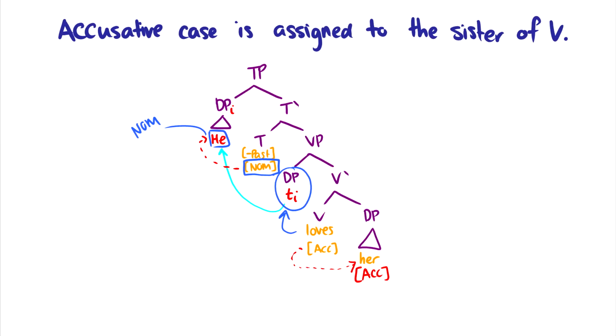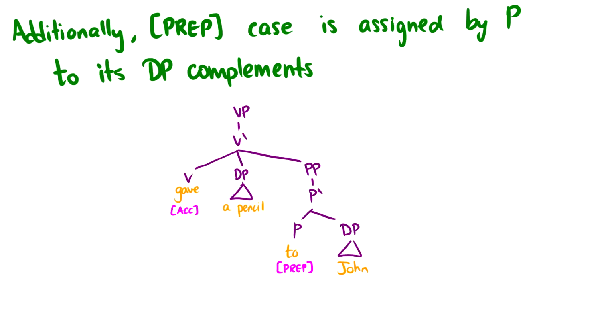So here's nominative and accusative case. There's also prep case, and this is assigned to DP complements by P. For instance, some verbs are ditransitive, and we haven't looked at ditransitive structure yet, but essentially we could say gave a pencil to John.